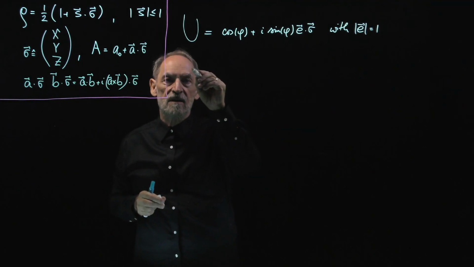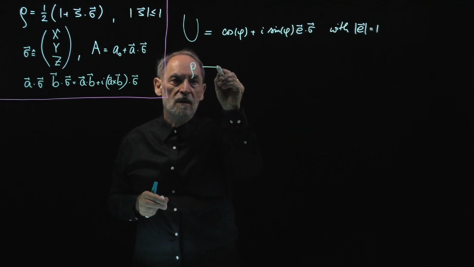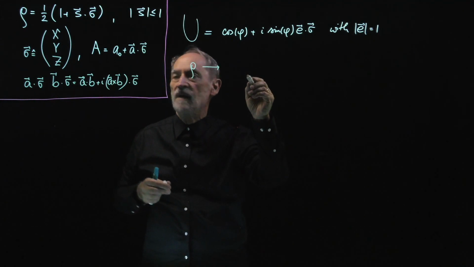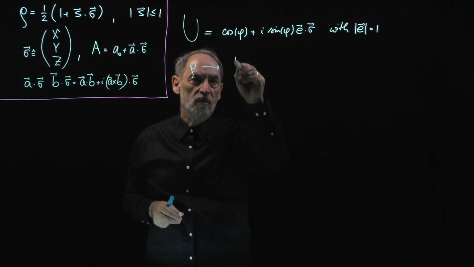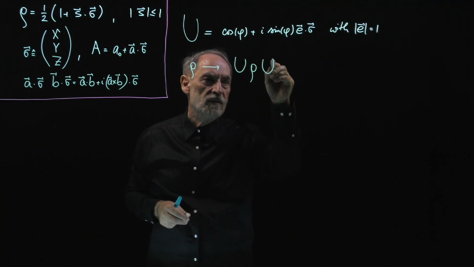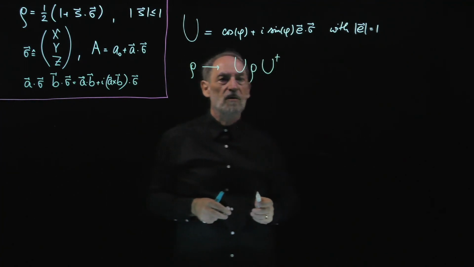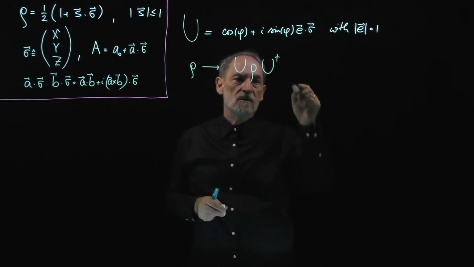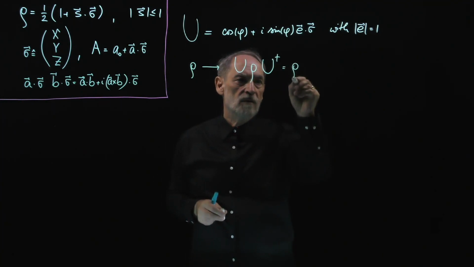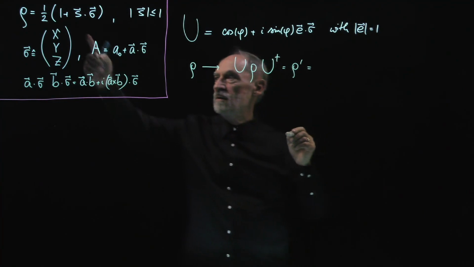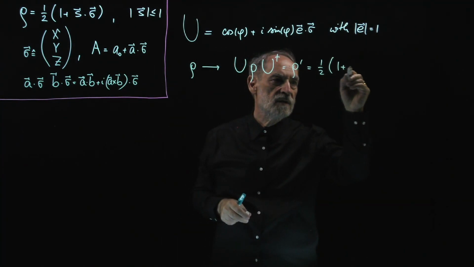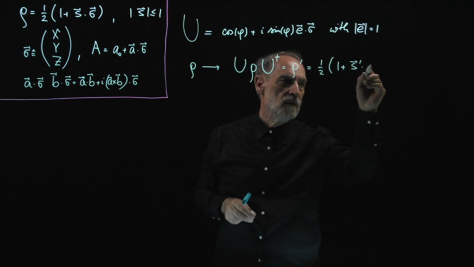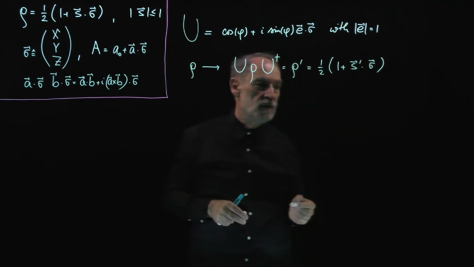So what do we get when we transform the kets and the ket-bras that make up rho by U, and then have the adjoint operation acting on the bras? This will then be a rho prime, and it will still be of the same structure. It will have the structure of 1 plus, and now it's S prime dot sigma after the transformation.